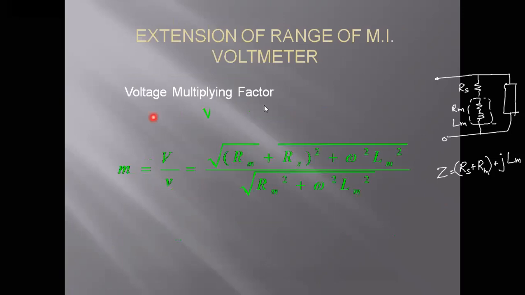And we know the multiplication factor M is capital V by small v. So we actually had capital V value as Im into Z. This is capital V. So this is Im into Z. So the Z magnitude is root over (Rm plus Rs) whole square plus (omega Lm) whole square.